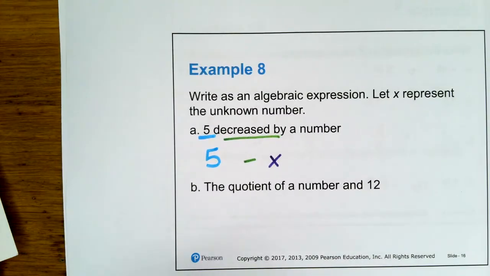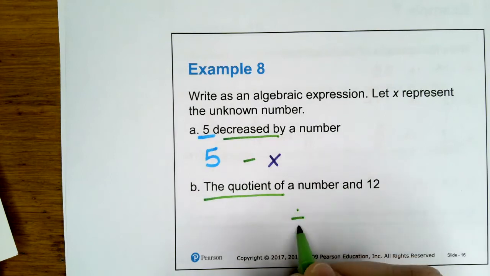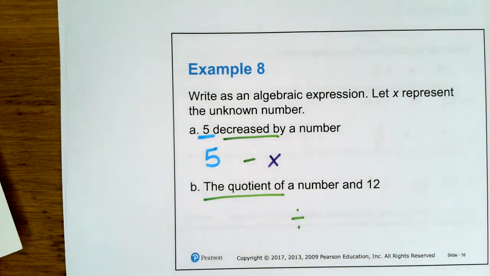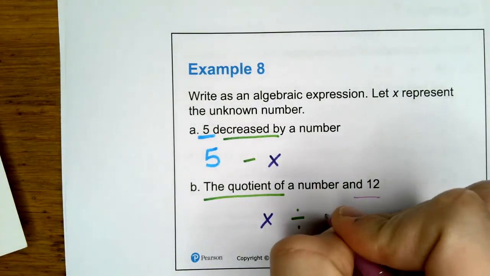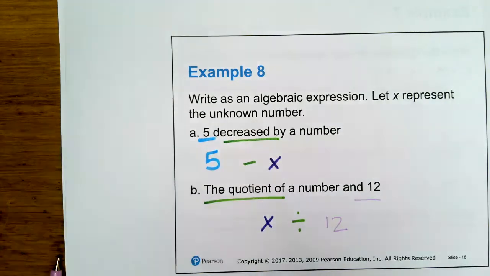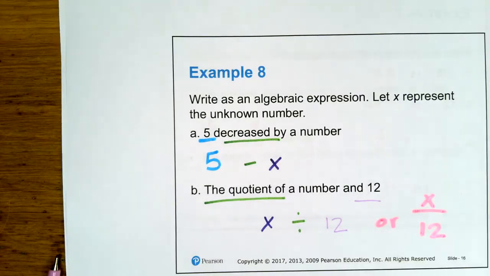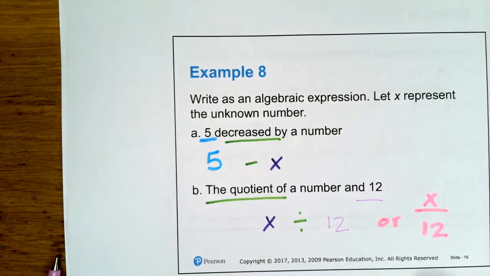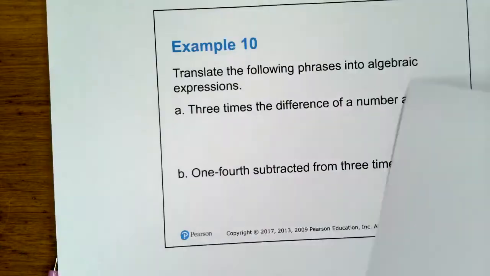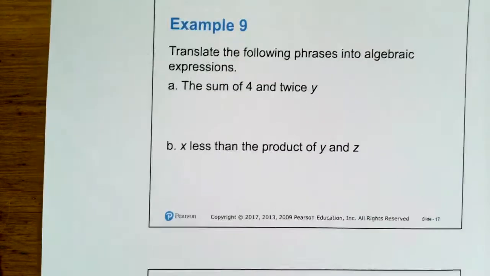The quotient of a number and 12, or X over 12. Good.